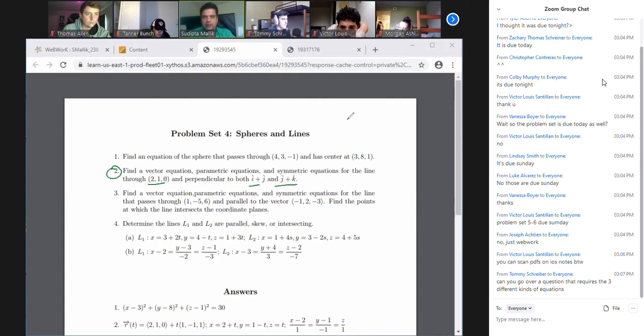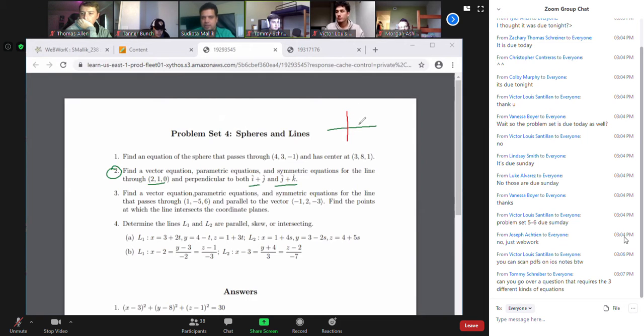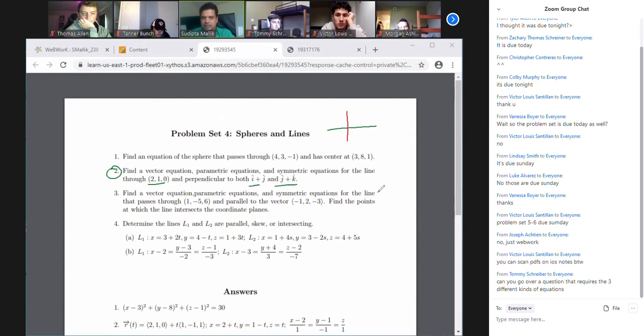You want to find the line which is perpendicular to both. That means what? This line is perpendicular to both means it intersects, no, not intersects. So think about the three-dimensional case.